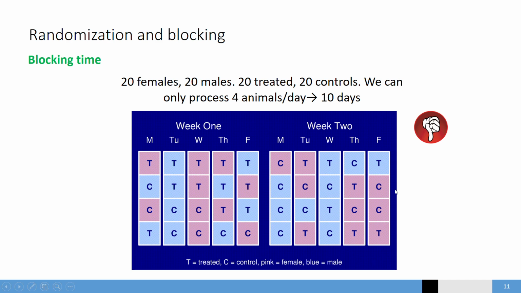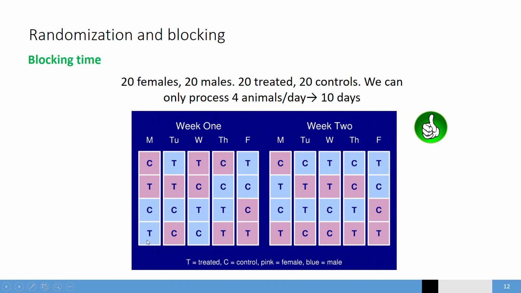So it is better if we design it in this way. Now every day there is the same number of controls and treatments. You see that every day there are always two controls and two treatments. One of the controls is female, the other control is male. One of the treatments is female, the other treatment is male.